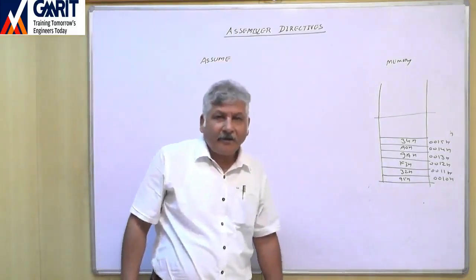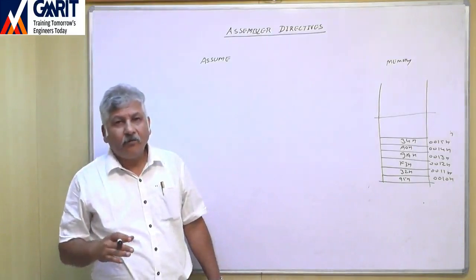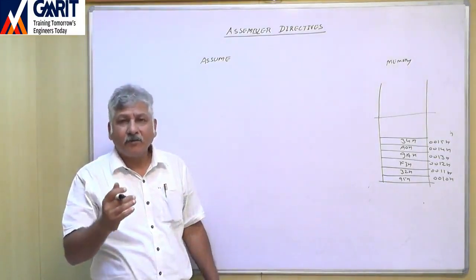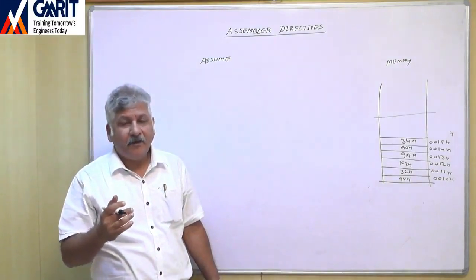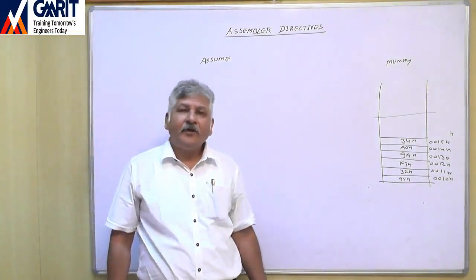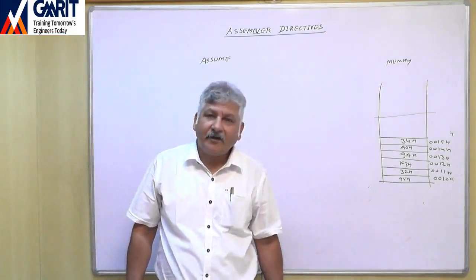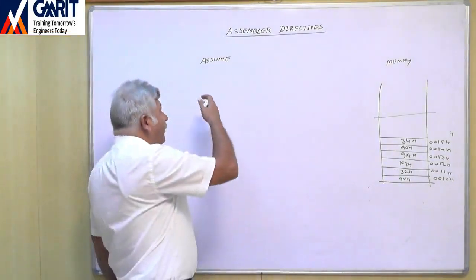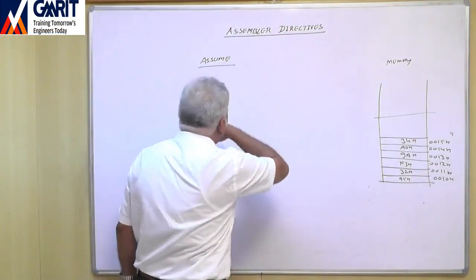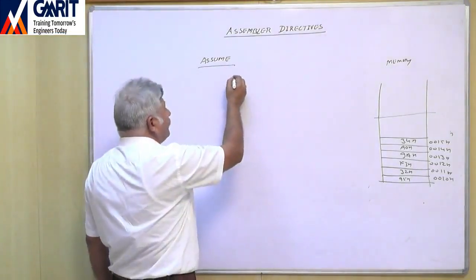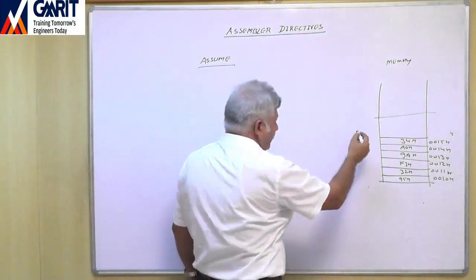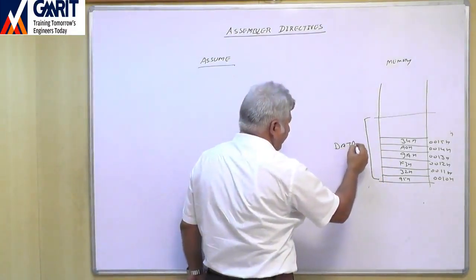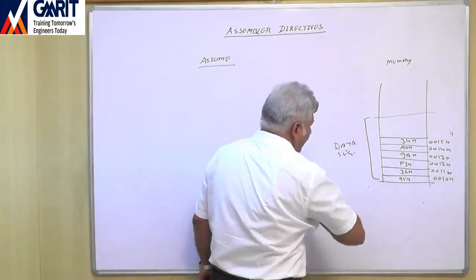So the assume directive is used to allocate the memory location for our code segment memory area, data segment memory area, stack segment memory area, and extra segment memory area. Suppose this is our data segment, right?